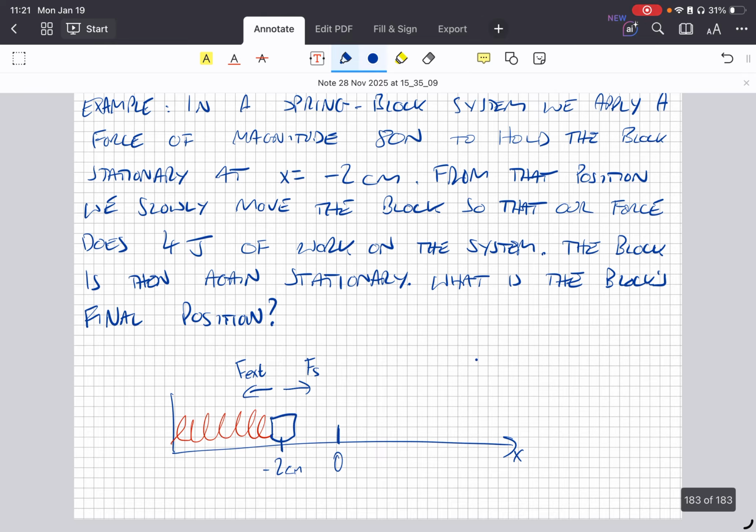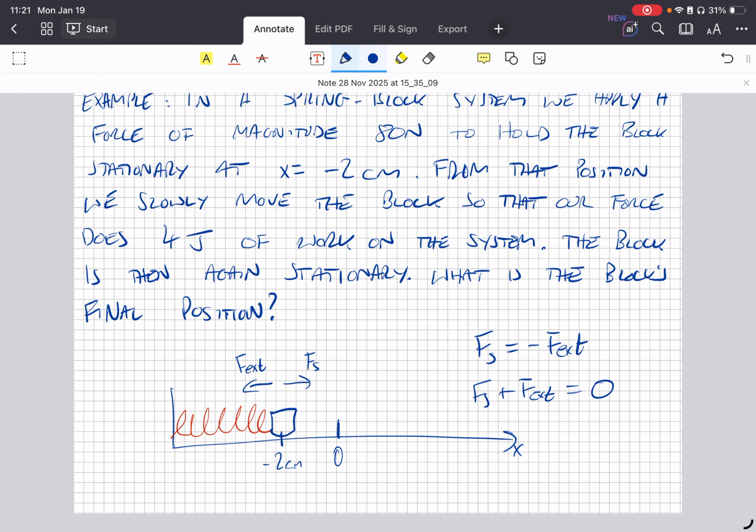So we must have that Fs is equal to minus Fx, the external force, in order for these things to be balanced. Another way of saying that is that Fs plus Fx is equal to 0. So the total force acting on our system is 0, therefore the acceleration is 0, and the block remains at rest. So that's the situation initially.